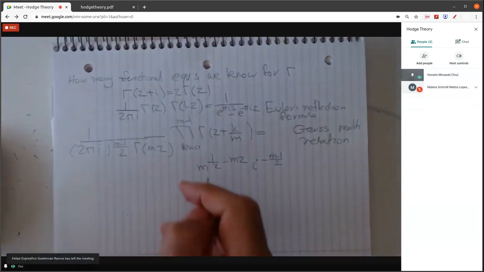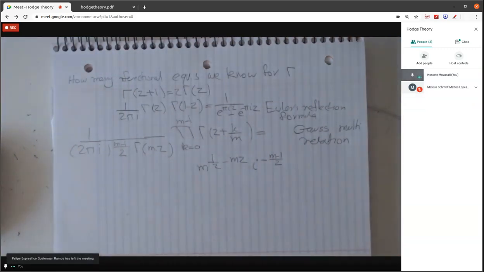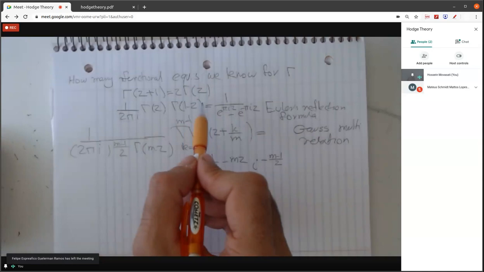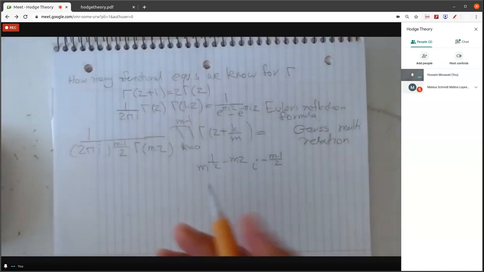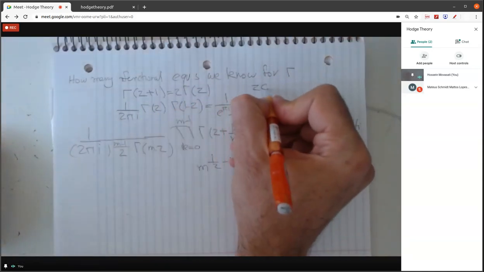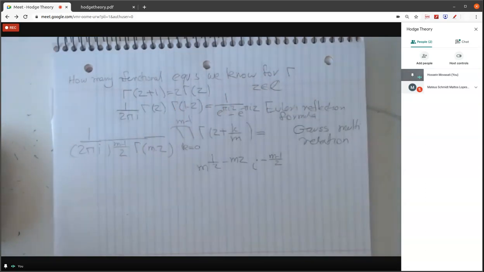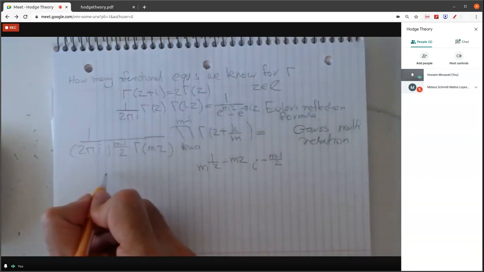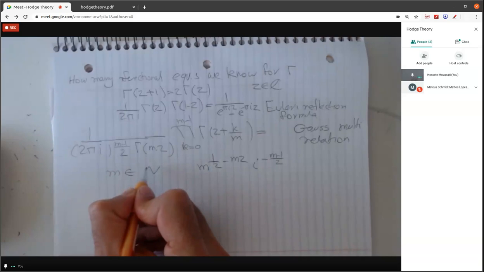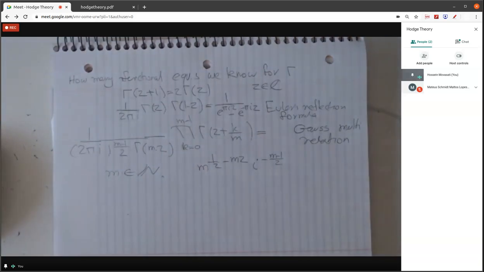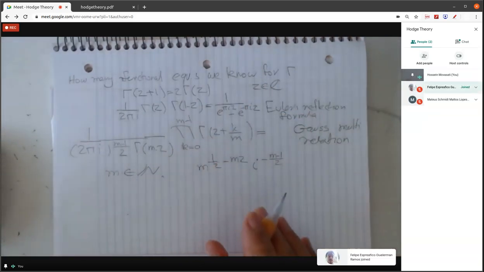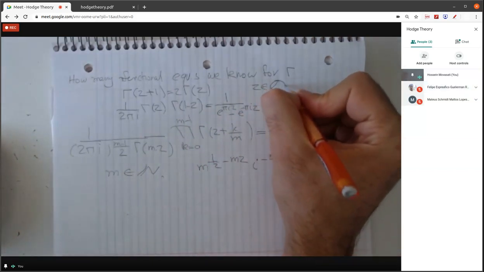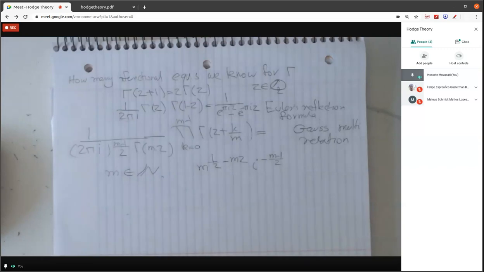Anyway, I have rewritten these formulas a little, but this is what I want to say: we know this kind of functional equation for z a complex number, and here m is an integer. In our context we will need rational numbers.